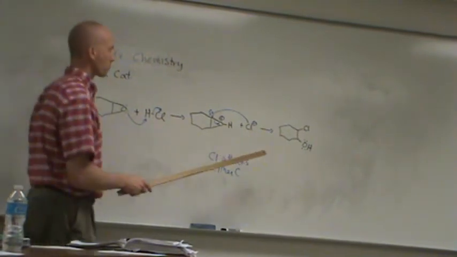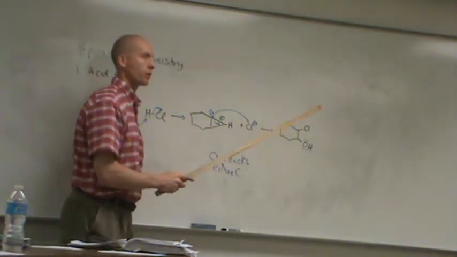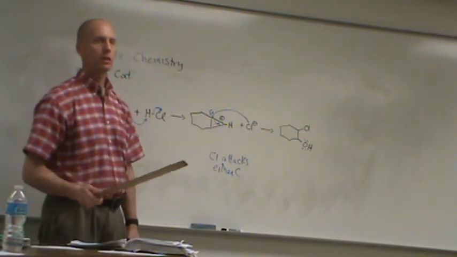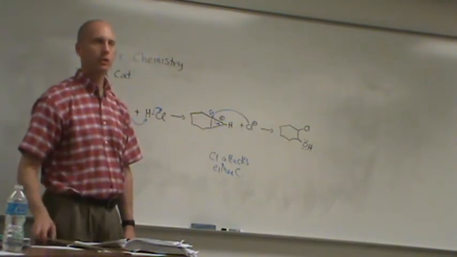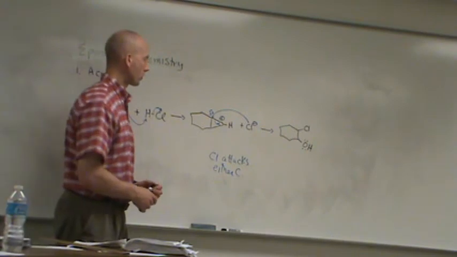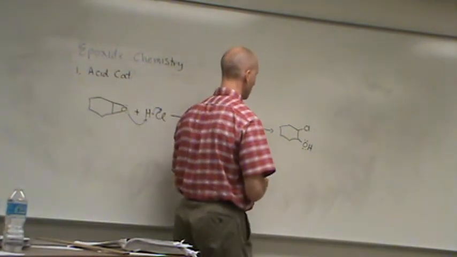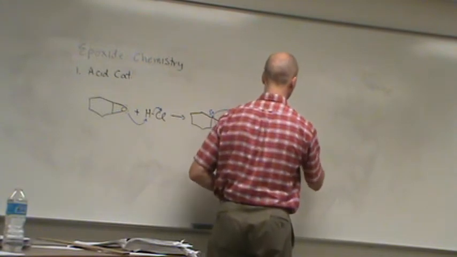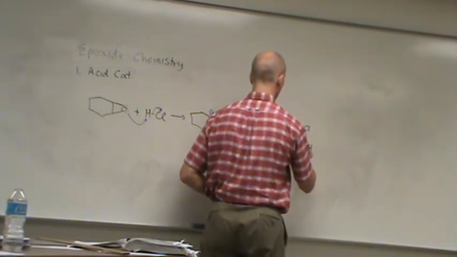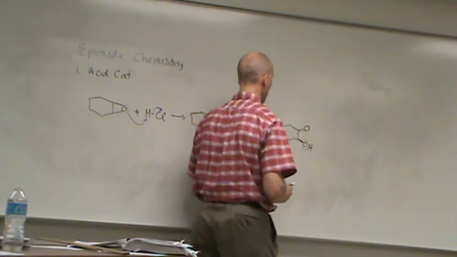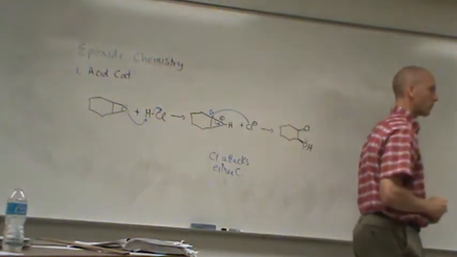Well, when you have 2 groups on a ring, what do you always have to show? Cis or trans. Okay. So, what do you think these 2 are going to be? They're going to end up being trans. Okay.